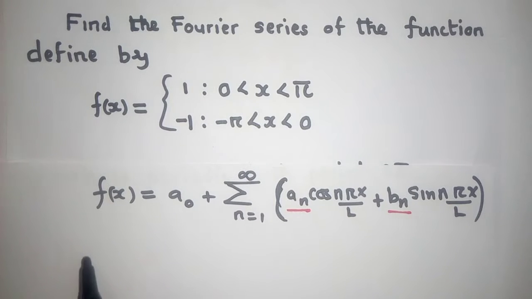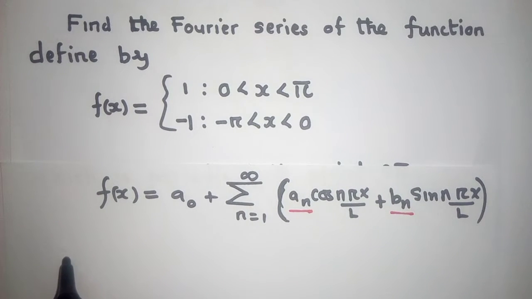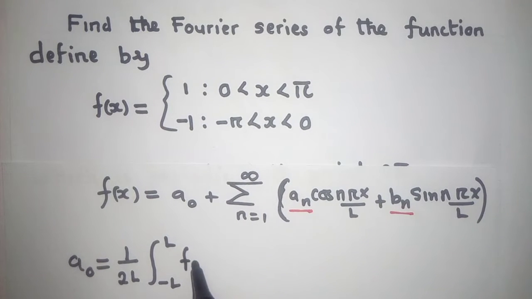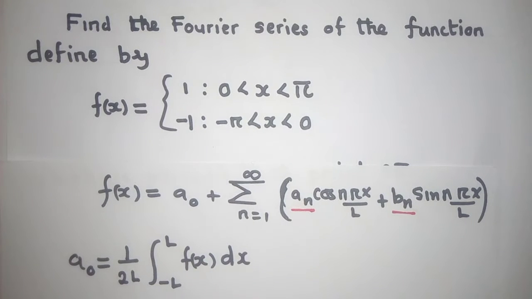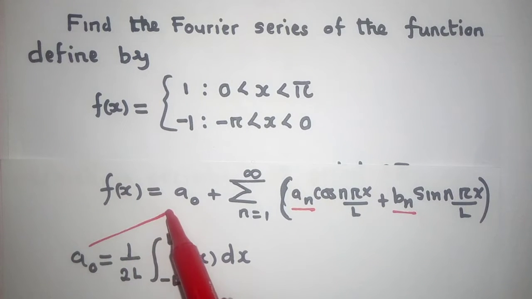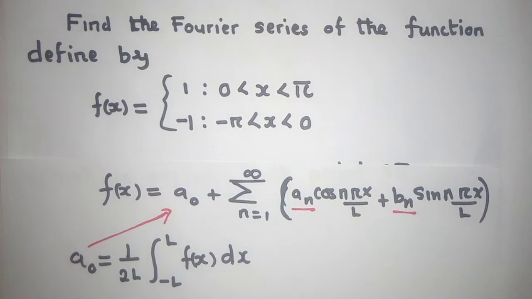The formula for finding a naught will just be a naught is equal to 1 over 2L integral from negative L to L of f of x dx. So this formula is for finding the a naught, this one here.